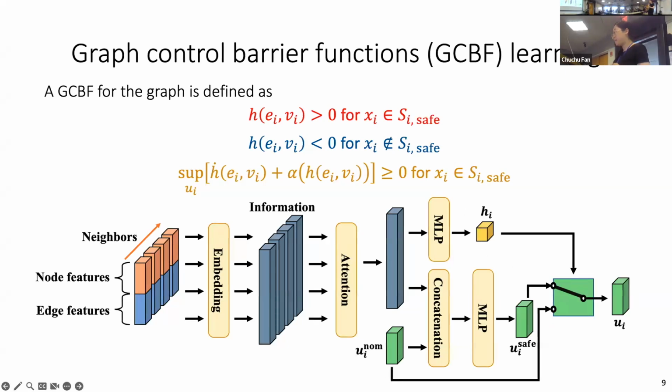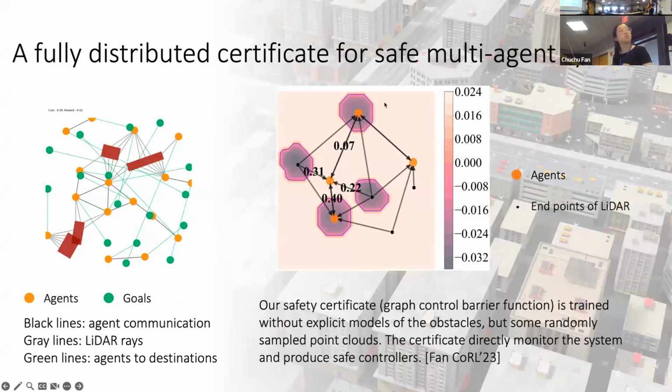So now if I come back to my plot that I just showed, this is basically a visualization of the graph neural network graph control barrier function that I just mentioned, from the view of this agent in the center. The zero barrier would be all these lines you see. You can see that they have a connection, or pay attention, to the neighbors that are close to them.